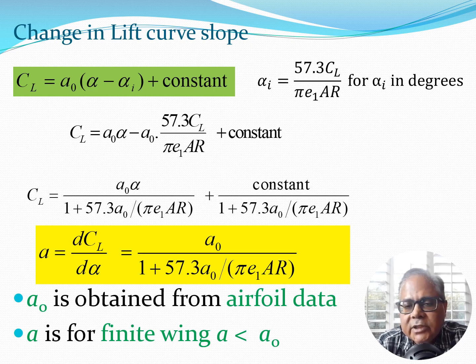But now you clearly see that whenever we are getting data for an airfoil, it's very useful to us because I can use this airfoil data to get the lift curve slope for the actual wing. All I need to know is the aspect ratio and the span efficiency factor E or E1. Now there are some small differences between these values E and E1. It's linked to something to do with the profile power varying with lift and so on. But in most cases, we can assume these two numbers are going to be pretty much the same.